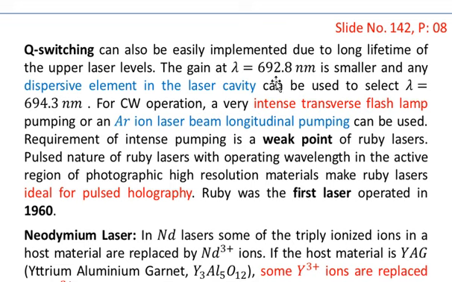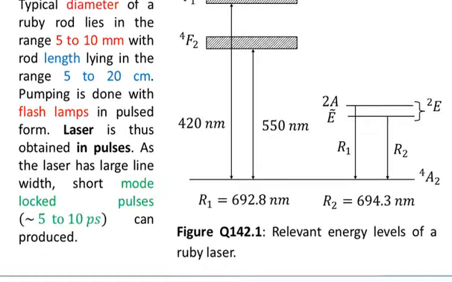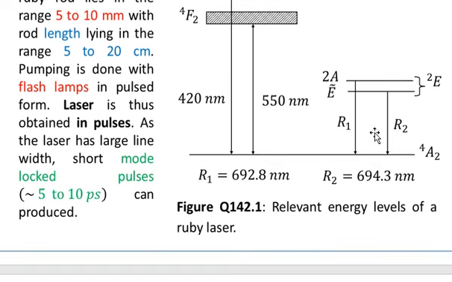The gain at lambda equal to 692.8 nanometers is smaller, and any dispersive element in the laser cavity can be used to select lambda equal to 694.3 nanometers. From these transitions, you can see that R1 has a wavelength of 692.8 nanometers, which is a very weak transition in comparison with R2, which has a wavelength of 694.3 nanometers.